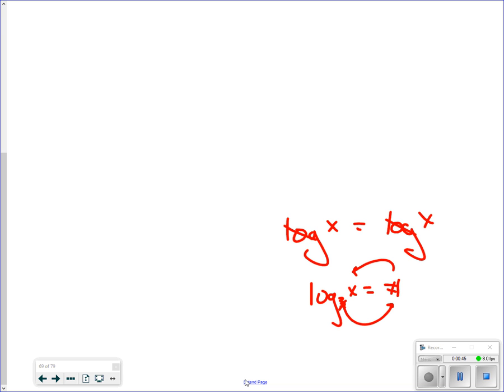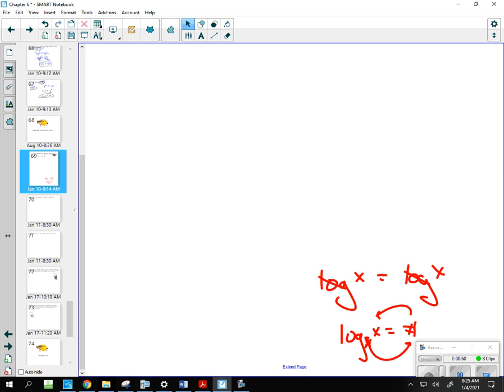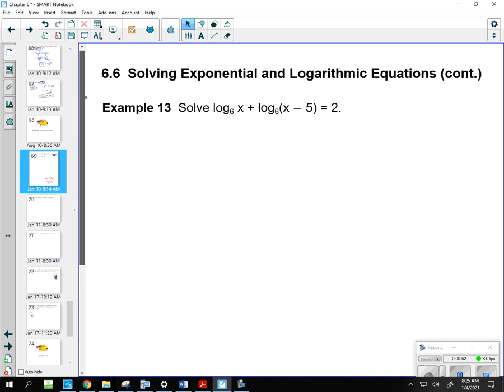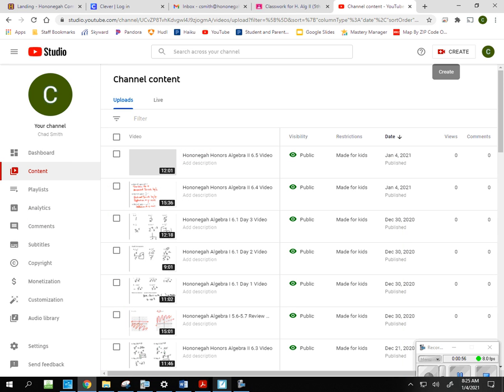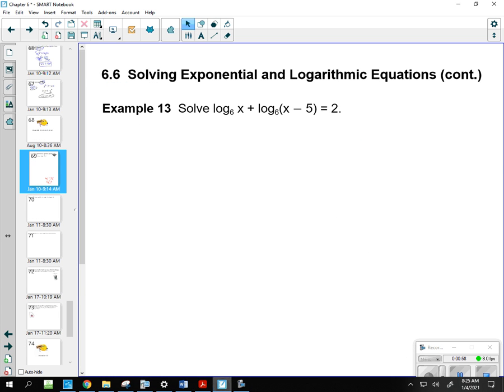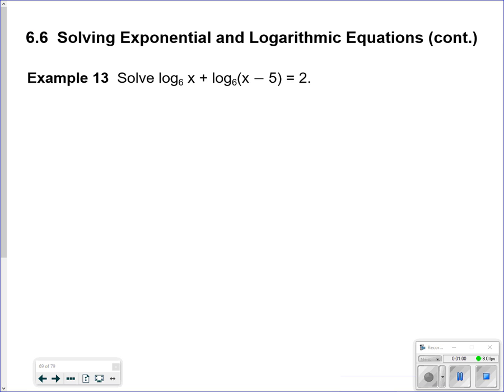So going back up here, let's see if I can get myself back up to the actual question again. All right. So I have a log plus a log, which did not meet my criteria from previously. So what I can do, however, is combine logarithms together.